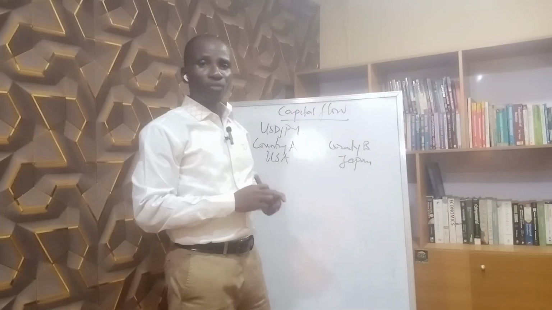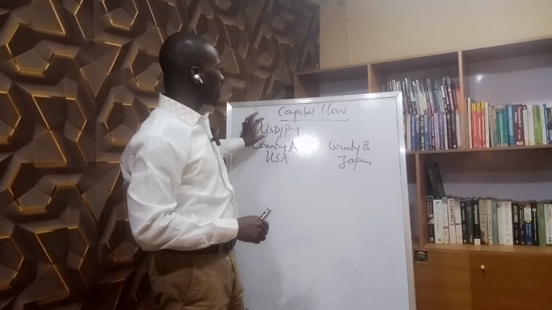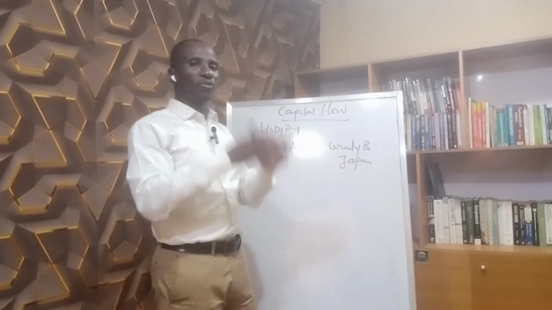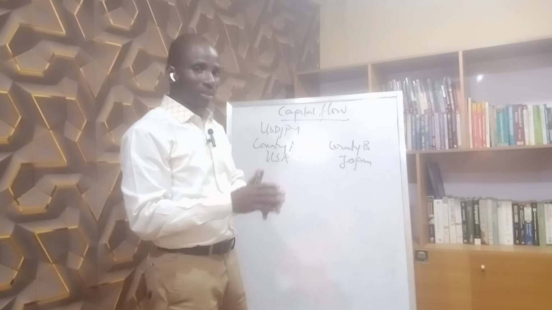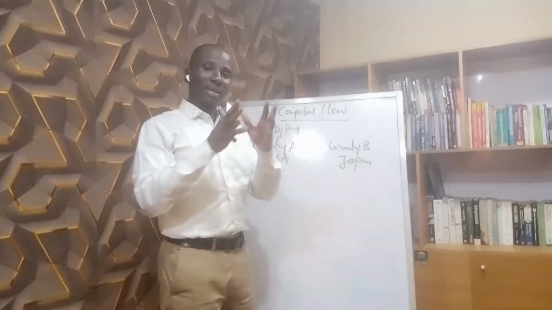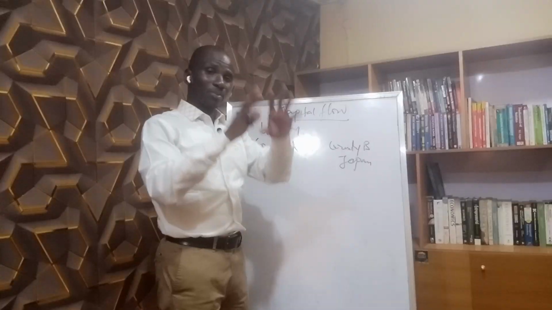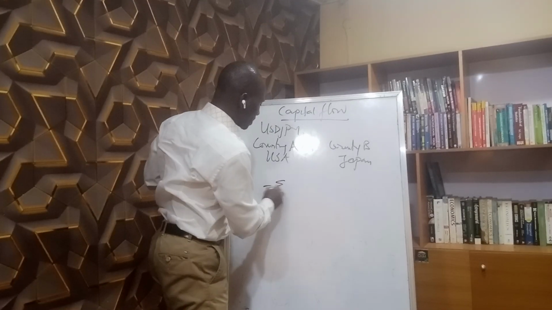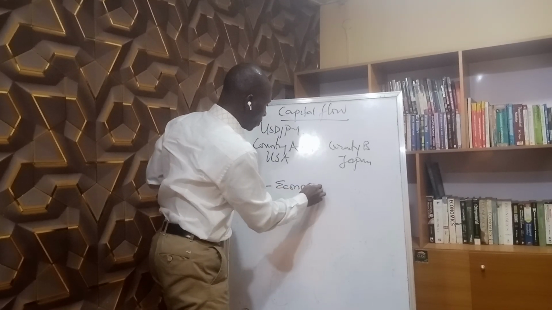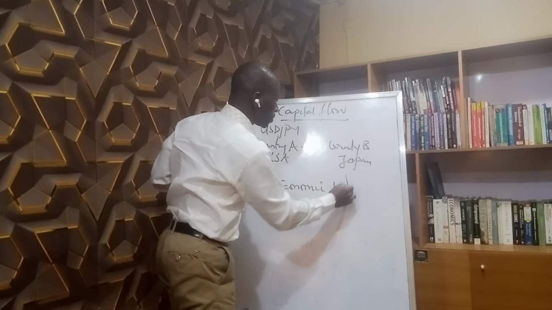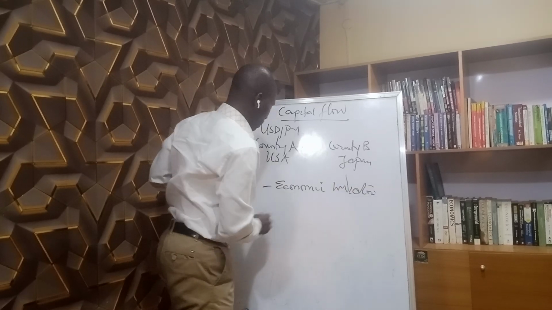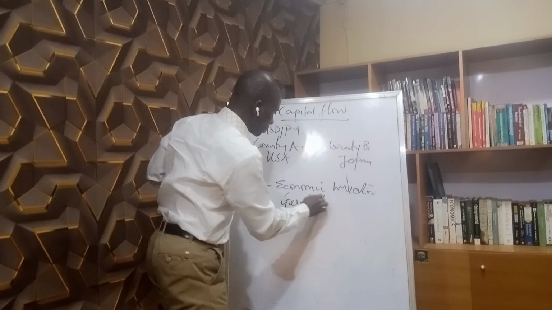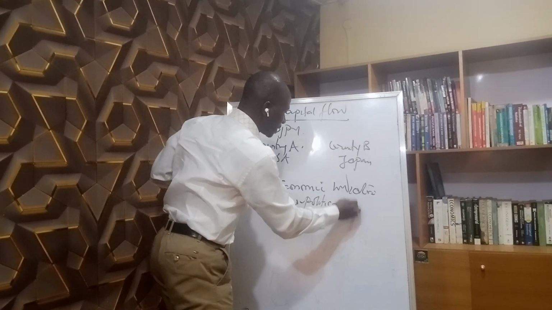Now, overall, the direction of USD JPY will be determined by some fundamental indicators. And of course, these fundamental indicators are subdivided into two parts. We have the economic stance or economic indicators, and we have the geopolitical indicator.